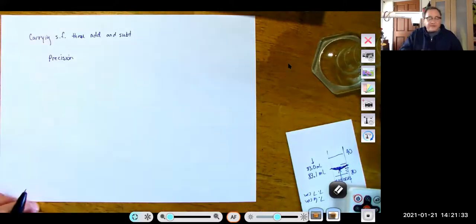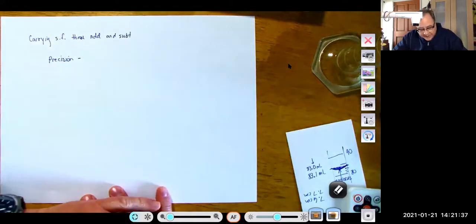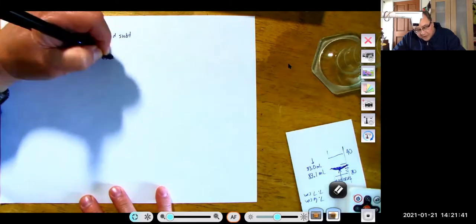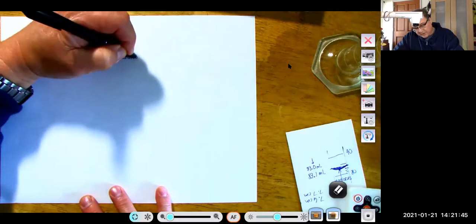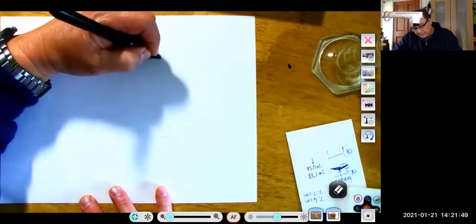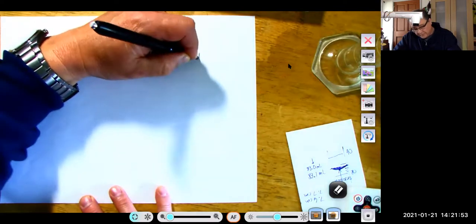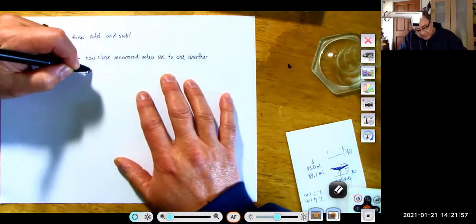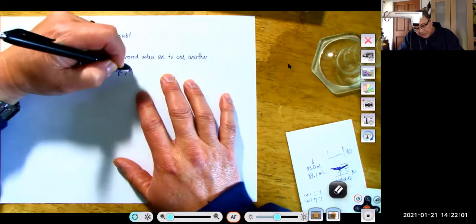So there are two definitions of precision. One definition of precision is how close measured values are to one another. Basically, smaller range, more precise.